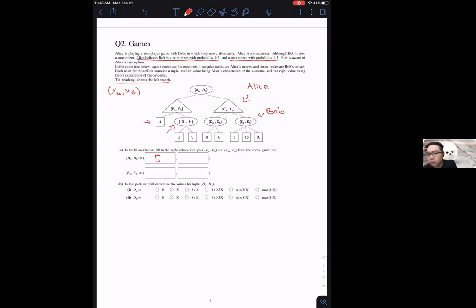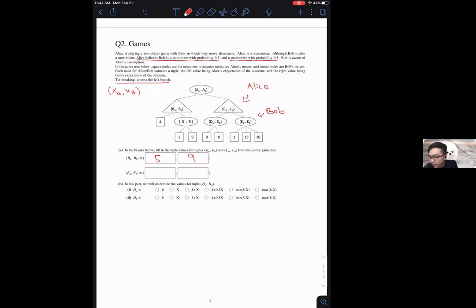And since he knows that Alice will choose from this node regardless, the value that gets propagated up to BB, which is this value right here, is just going to be the value associated with the maximum left value of either node. So in this case, because 9 is the actual value at this node and Bob actually knows what it was, 9 is the value that gets propagated up in Bob's expected outcome, because Bob knows what Alice doesn't in this case, which is that he's playing properly, but Alice doesn't know that he is.